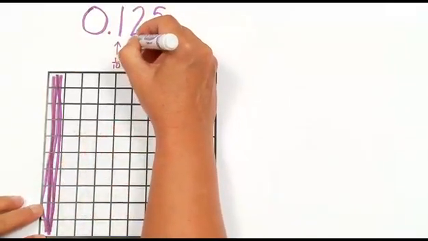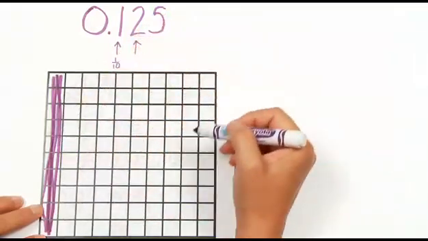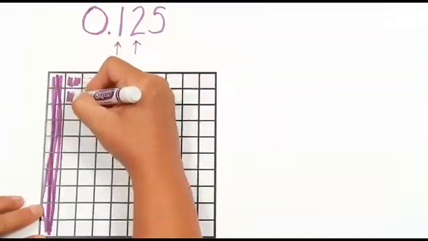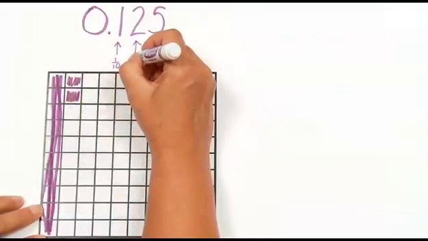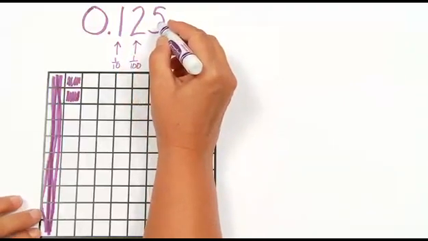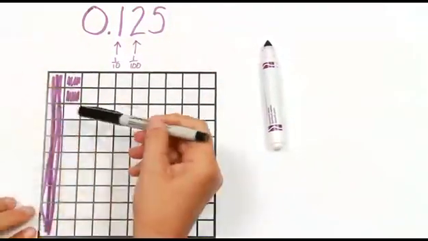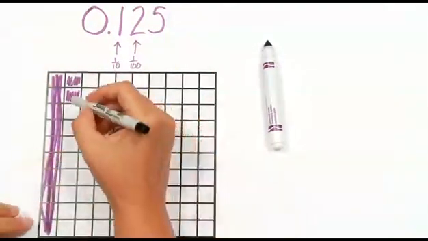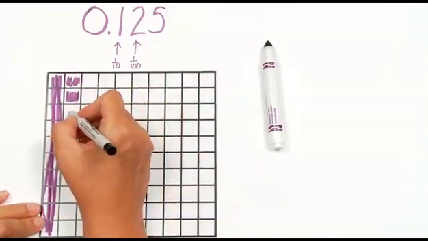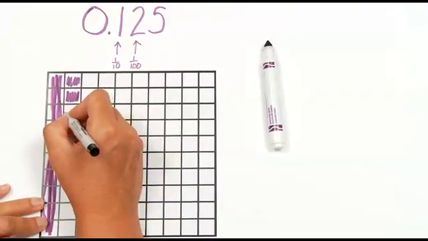Then we move to our 100ths. We know that the entire grid is made up of hundredths, so we just need to count 2 more of those as hundredths. Now we come to our thousandths. If I were to take this last hundredth here, the next hundredth, and divide it into 10, I would get thousandths.